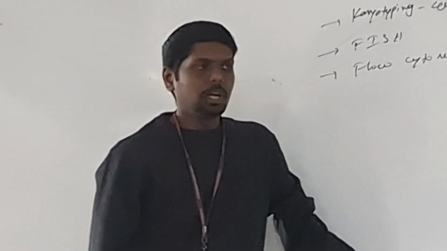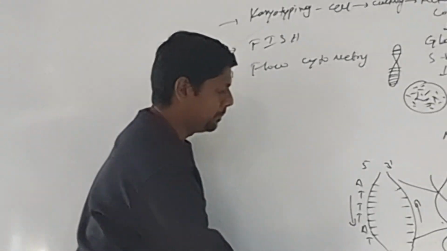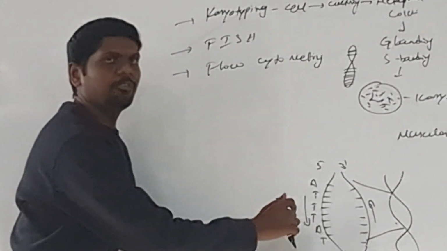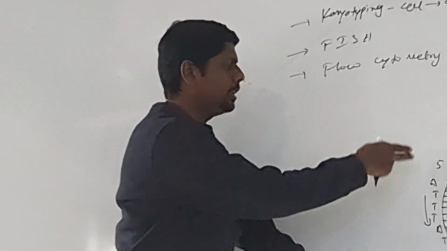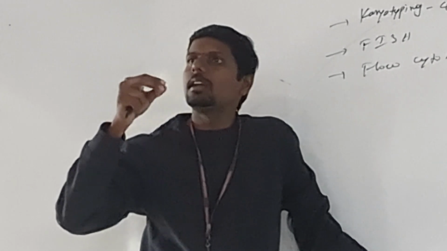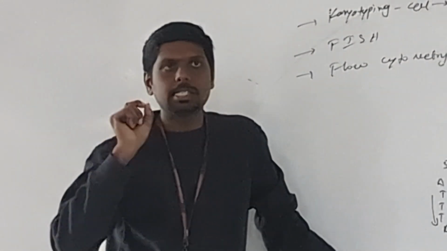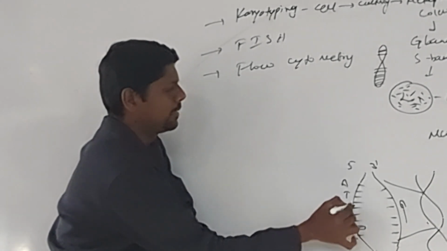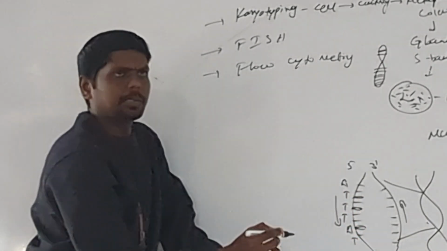I forgot the word. We are using an enzyme, a nuclease. This enzyme will cut the DNA in random places. Nuclease will cut the DNA in random places. Clear? They will remove some base pairs like this.